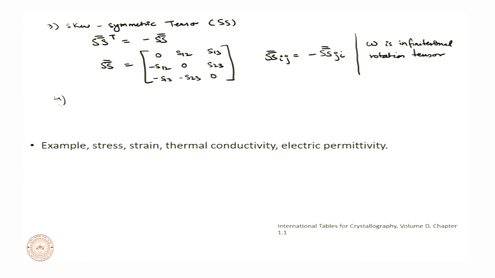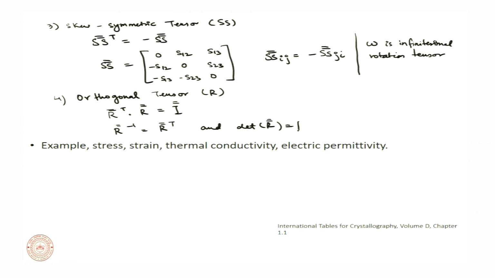And the last one is an orthogonal tensor. So an orthogonal tensor, say given by R, is such that R transpose dot with R will give you an identity tensor. So this is a special type of tensor in which R transpose dot R will give you an identity, which also means that R inverse is equal to R transpose, and the determinant of R will be equal to 1.